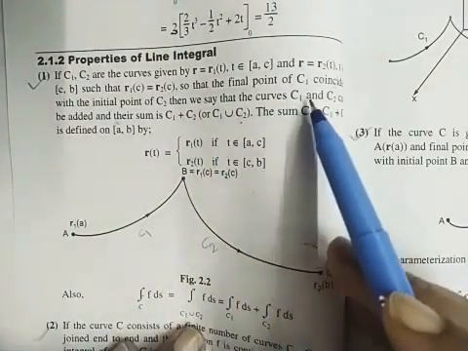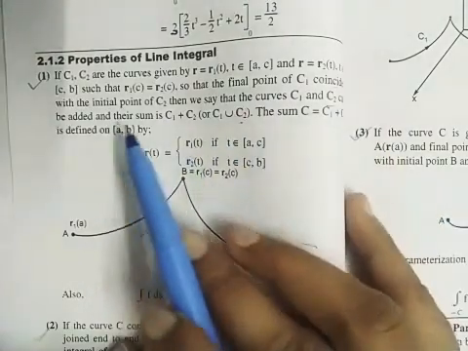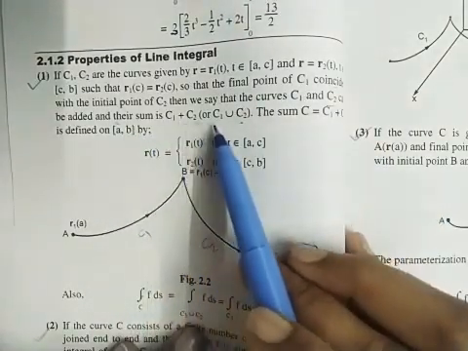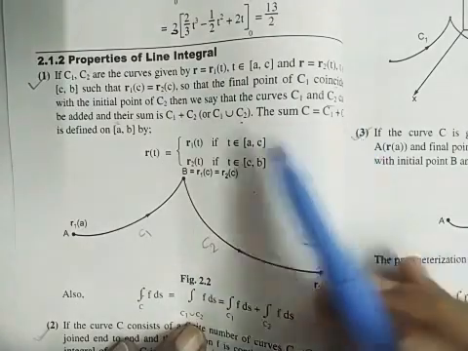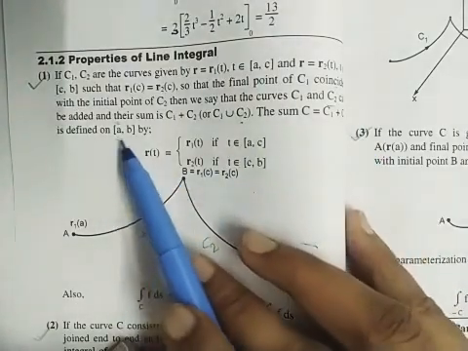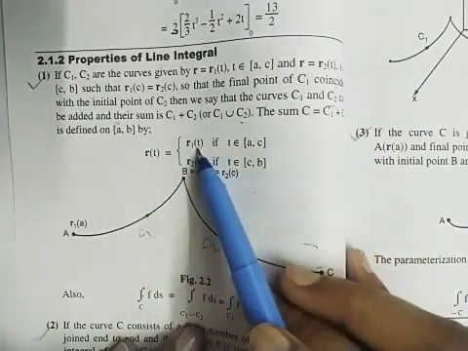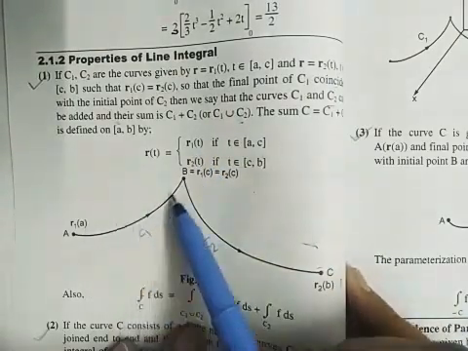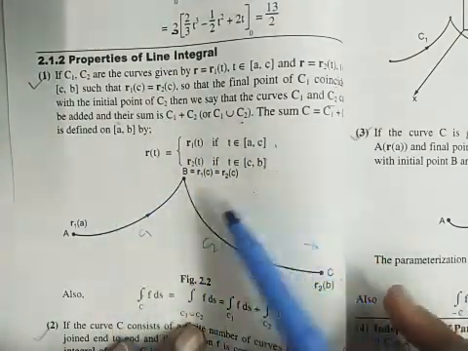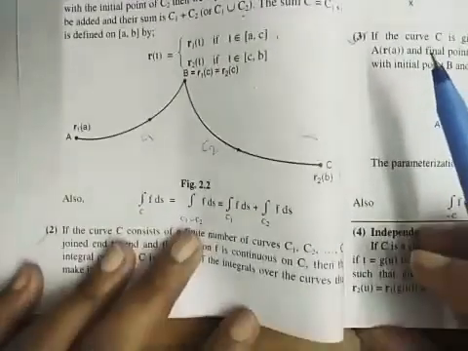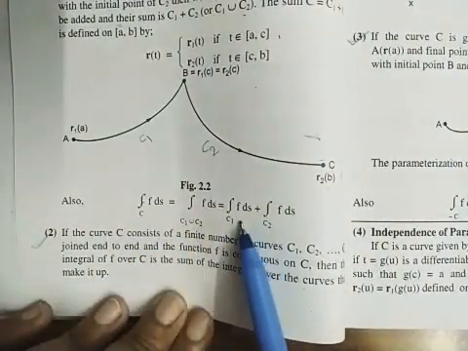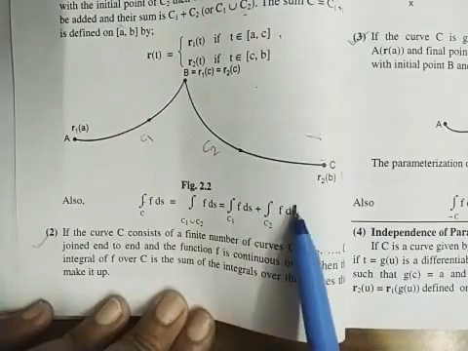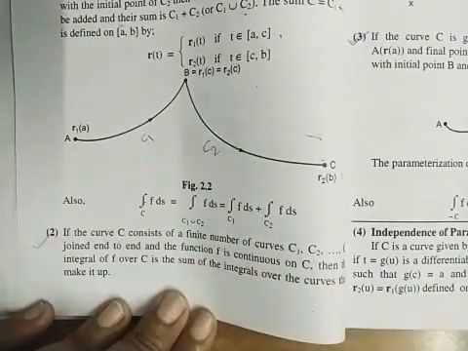Then we say that the curves C1 and C2 can be added, and their sum is C1 plus C2 or C1 union C2. The sum C1 plus C2 is defined on AB by r(t). This is the first smooth curve r1(t) on this interval, and another is r2. Then the integration of f over C will be the integration of f over C1 plus the integration of f over C2.